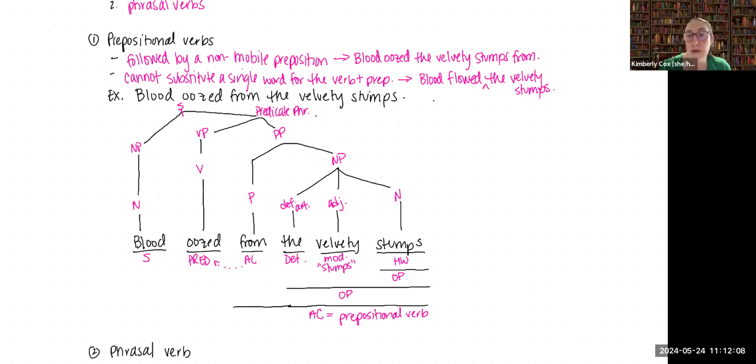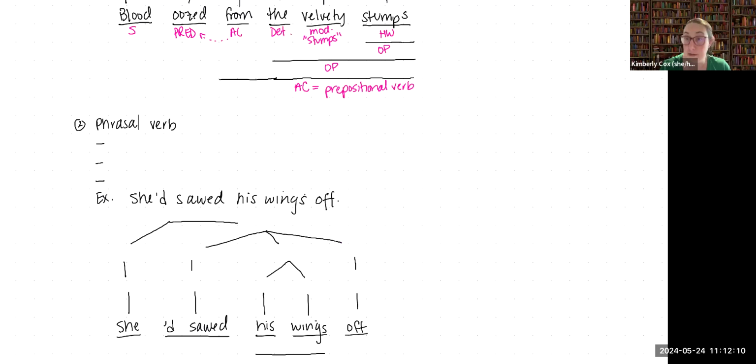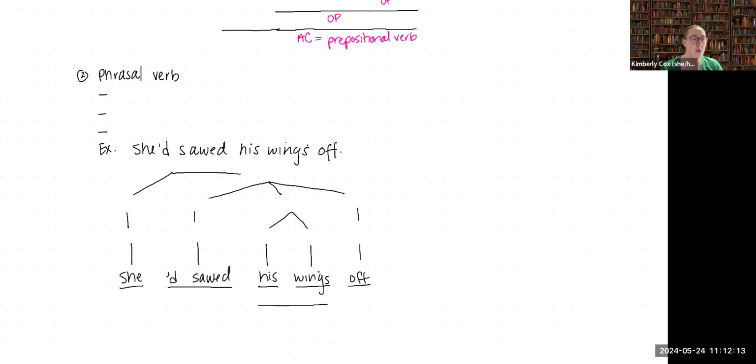Phrasal verbs, which we're going to talk about next, are a little bit different from prepositional verbs. So the things that kind of define phrasal verbs, first off, is that they are more often than not followed by a mobile preposition. Okay. Additionally, they can be substituted with a single word.